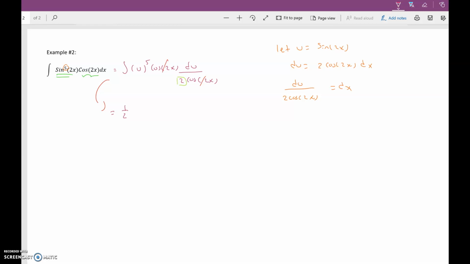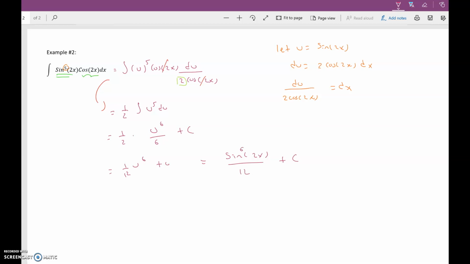And this is now 1/2 integral of u to the fifth, technically du, which is just going to be 1/2 times u to the 6th divided by 6, plus the constant, which is just equal to, in this case, 1/12 u to the 6th plus c, or in this case, sine of 2x divided by 12 plus the value of c.